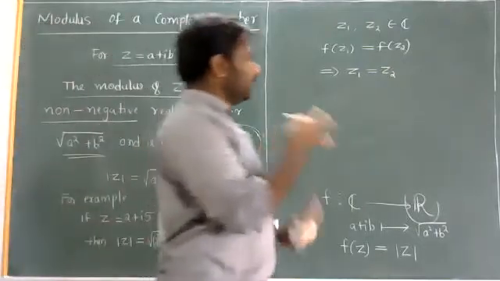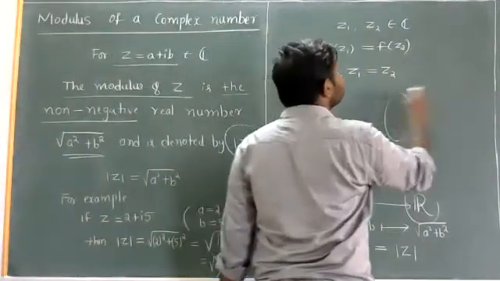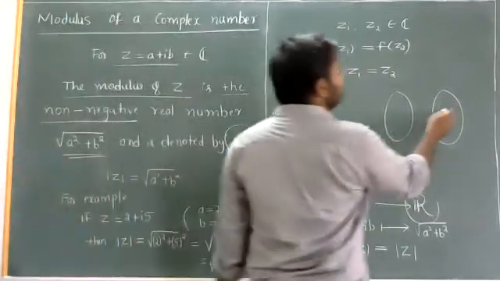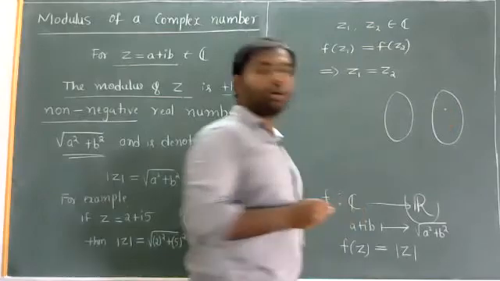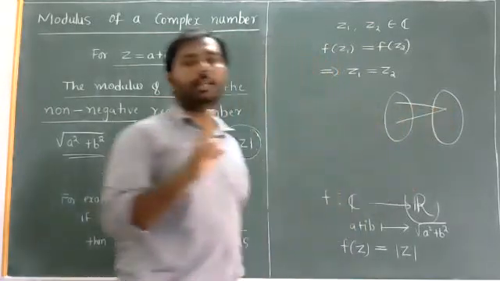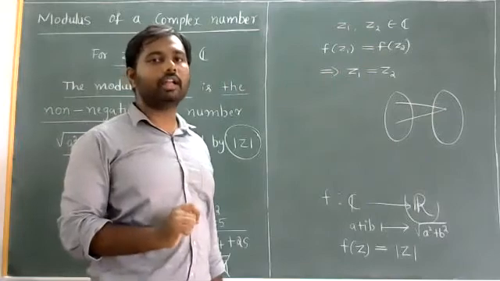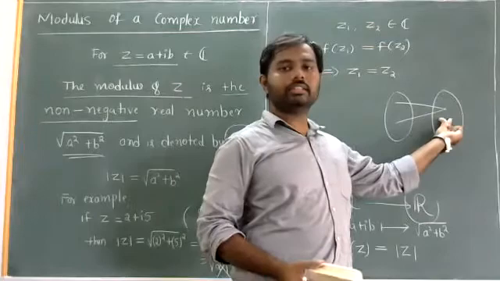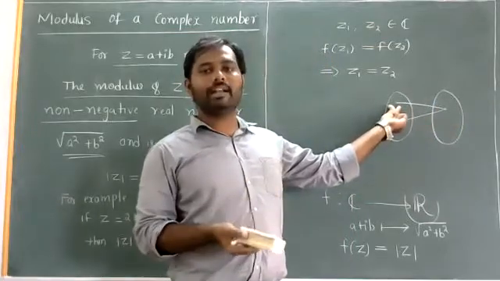Or diagrammatically, 1-1 means none of the codomain elements can have more than one pre-image. That means every codomain element should have one and only one pre-image.